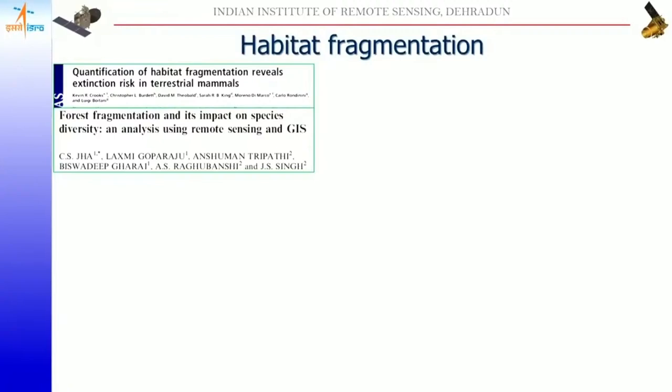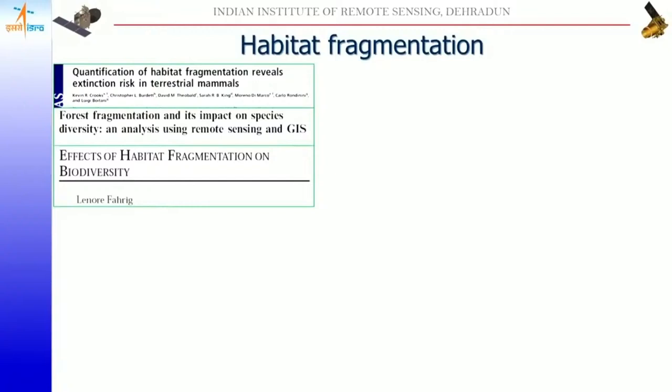This fragmentation is largely associated with the extinction risk of species, especially terrestrial mammals, and also due to the lack of corridors or human impacts, the habitats are disturbed and ultimately lead to a reduction in the species richness in the particular area.